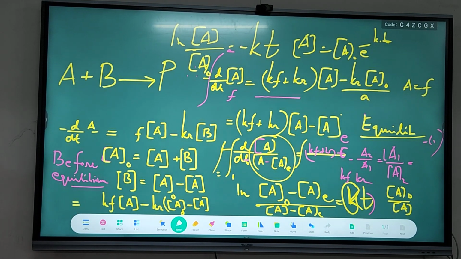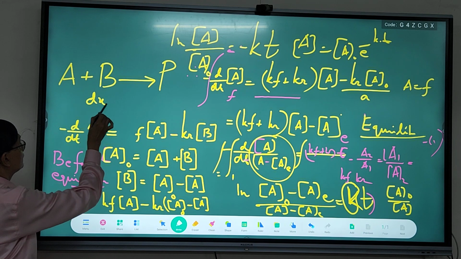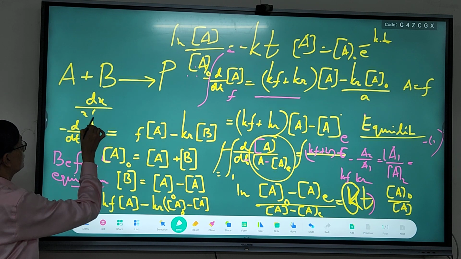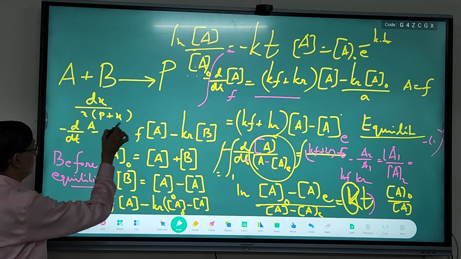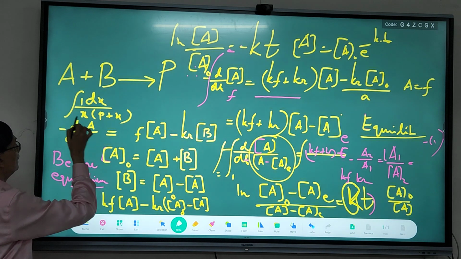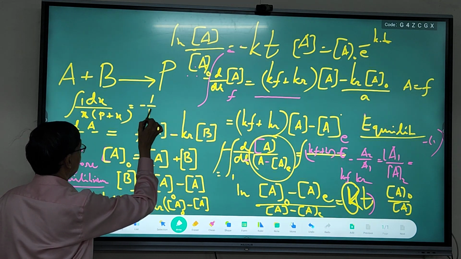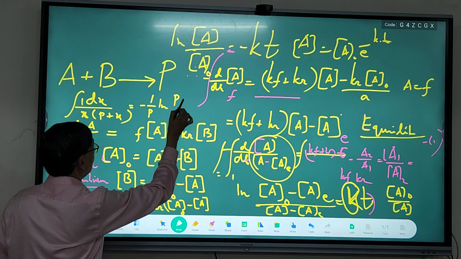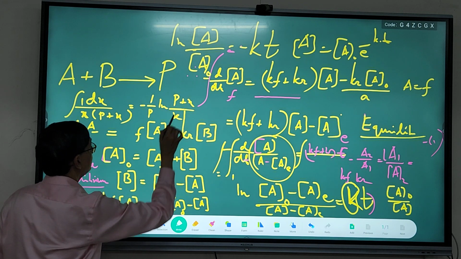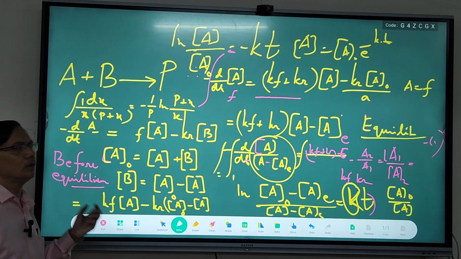At that time we have to use different types of, suppose dx, then x, p plus x, like such type of integral, or 1 by like that. So we have to solve it, minus 1 by p natural log. I'll explain. That means we need a little bit mathematics to solve this type of.